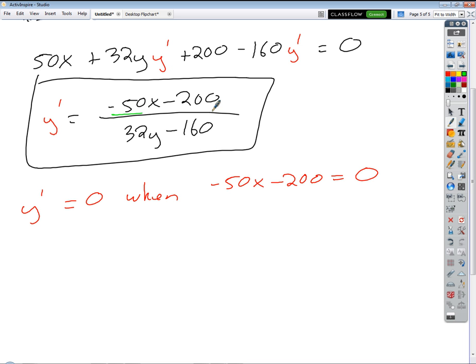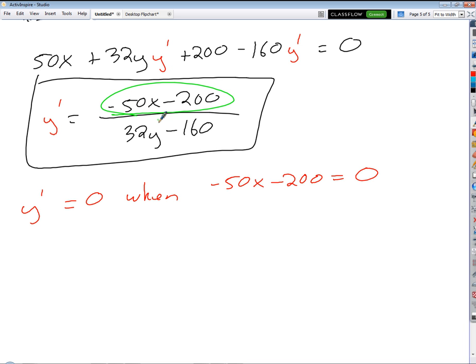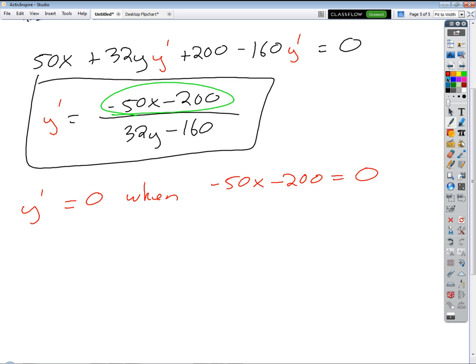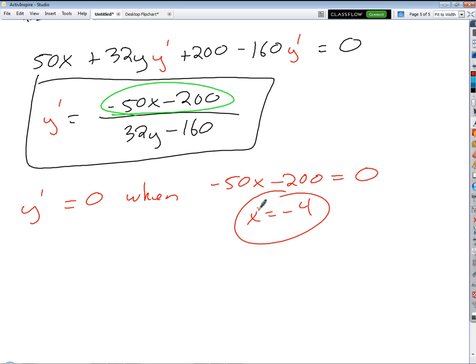Because this is the expression that's in the numerator, and you just told me that when the numerator is 0, the fraction is 0, right? So we get to trade this for a much, much easier equation. So this is an easy one to solve. What do we get for an answer? We could just add 200, divide by -50, so x equals -4.